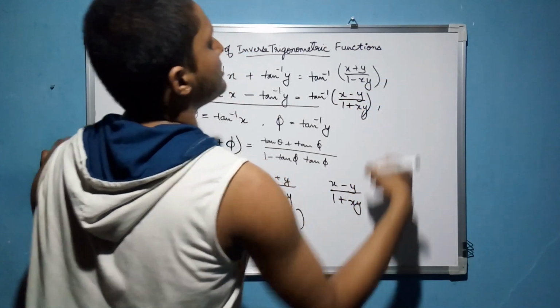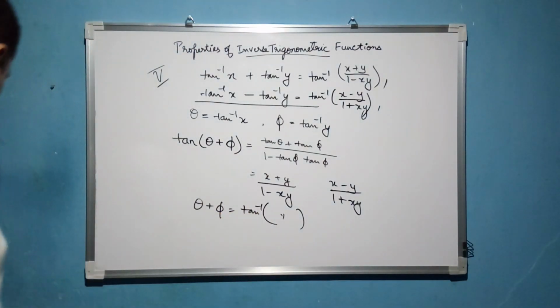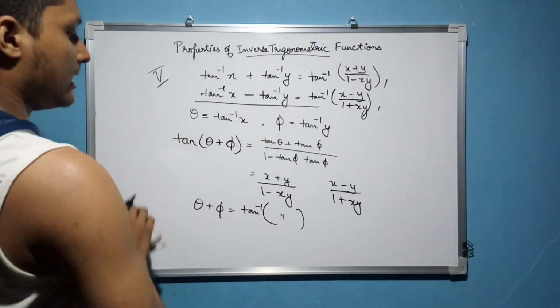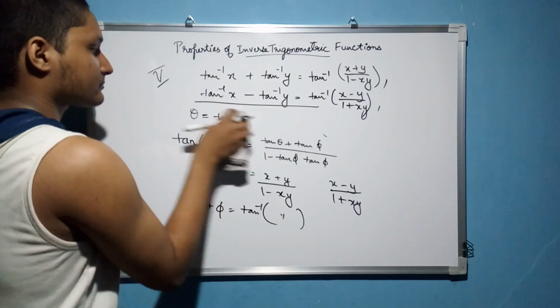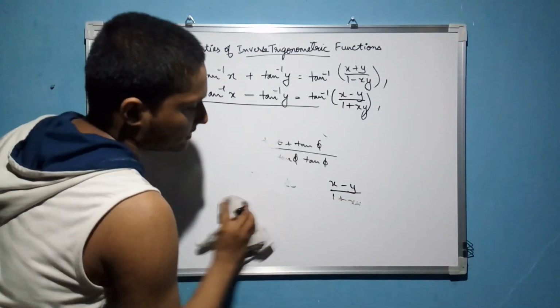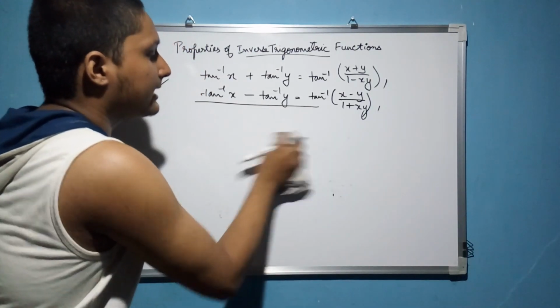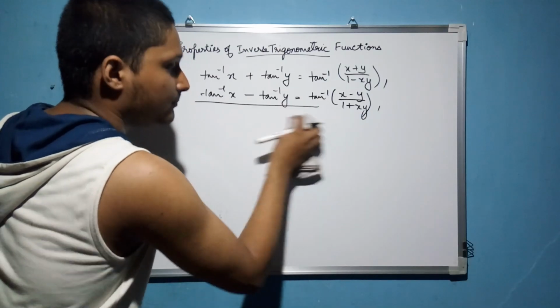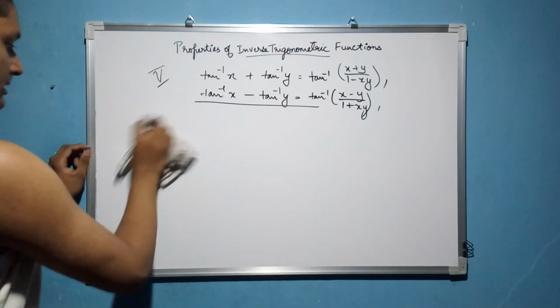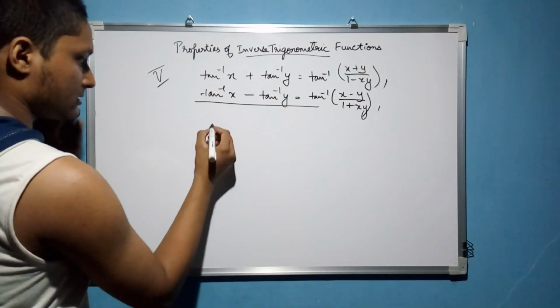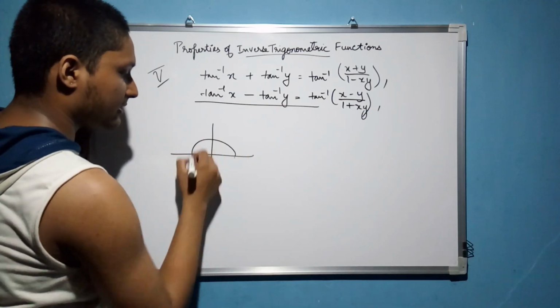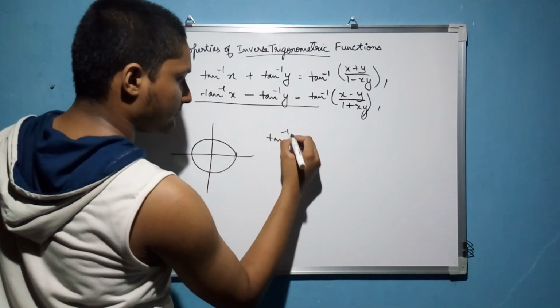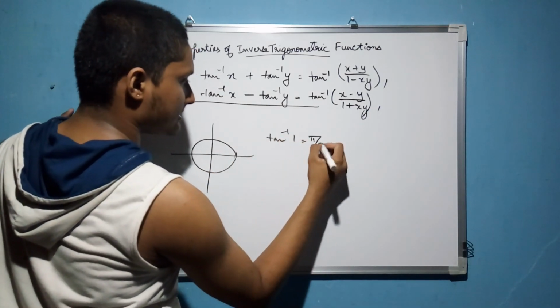What is the condition? The condition is very important here. So I need to explain why the condition has arisen. I'll just rub this off. For that, we know that tan inverse 1 is pi by 4. Tan inverse 1 is equal to pi by 4, right?